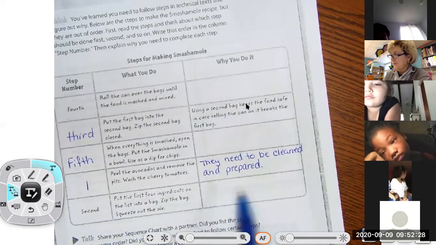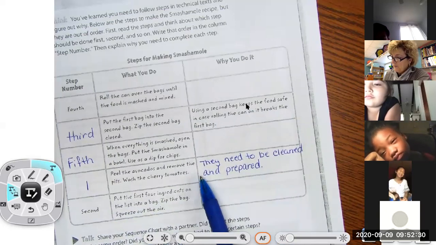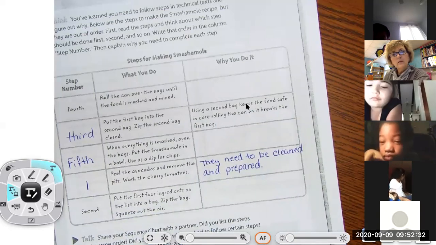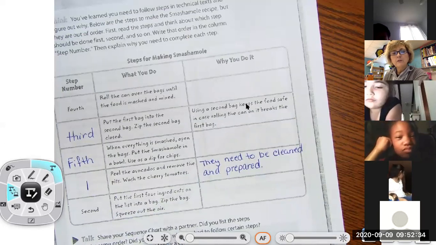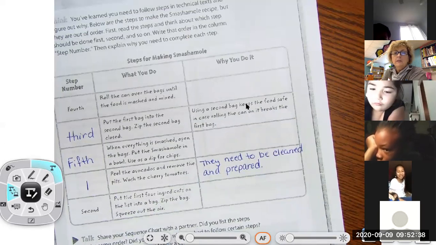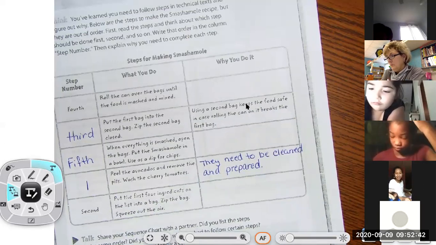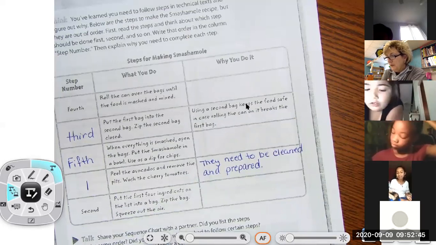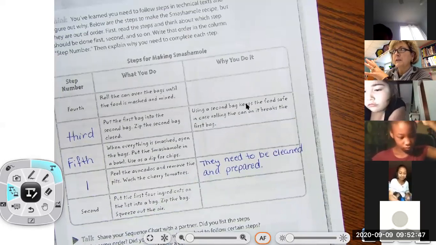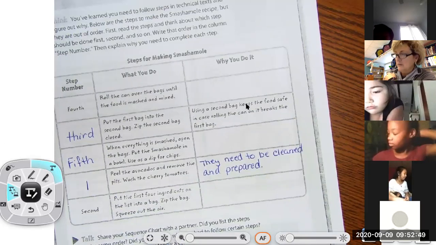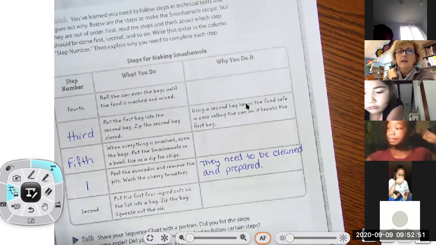Why would we do that? Why would you put it into a Ziploc bag and squeeze the air out? So you don't make a mess. You're going to put the first 4 ingredients into the Ziploc bag. So why would you do that and then squeeze the air out?